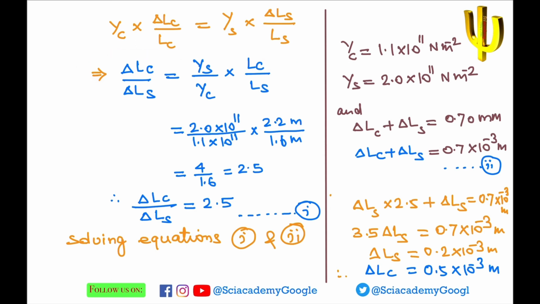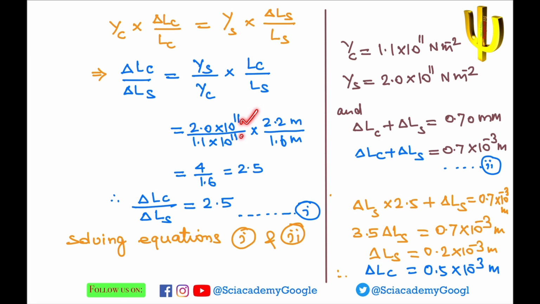You must notice this. After substituting the values for YS and YC, we get this into LC by LS. You should note that all the units should be in the same form. If LC is in meter, LS must be in meter.